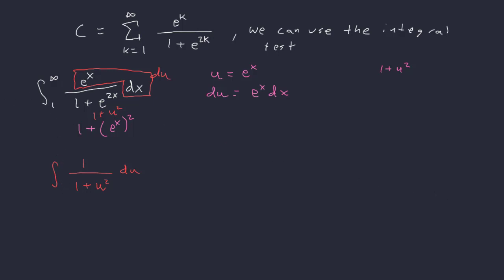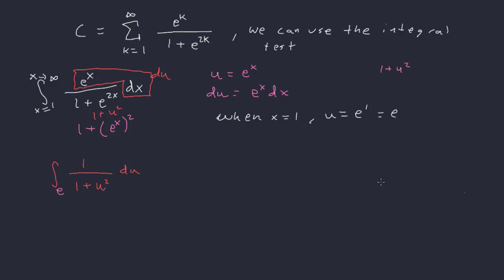So here the lower limit is of course x equals 1, but the one at the top is x goes to infinity. All right, and here's our u. So when x equals 1, u is going to be e to the 1, which is just e. So our lower limit is just going to be e.